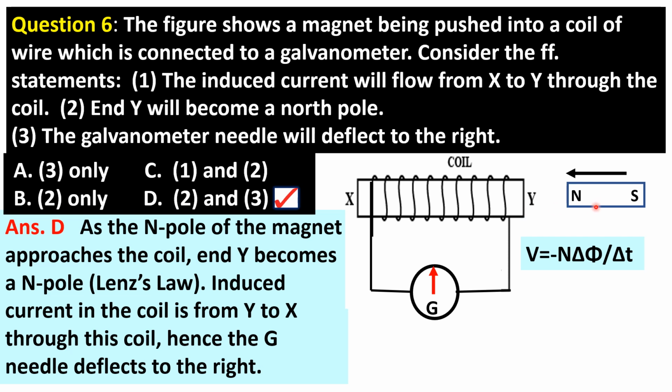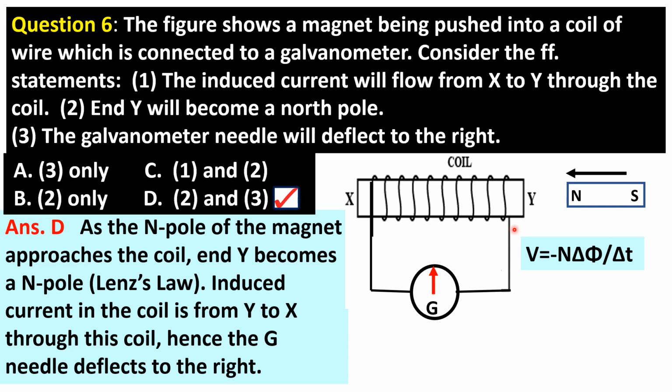If you want to produce energy, in other words, electrical energy in the coil, then you have to do work by pushing the bar magnet towards the coil. But in doing so, you will be encountering a force of repulsion such that the coil becomes a temporary electromagnet.